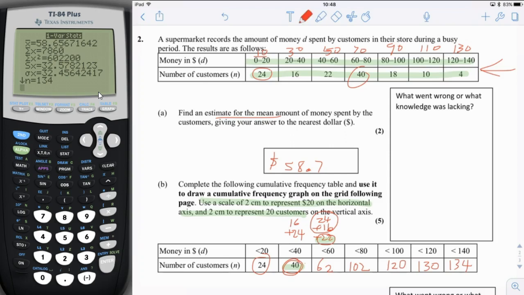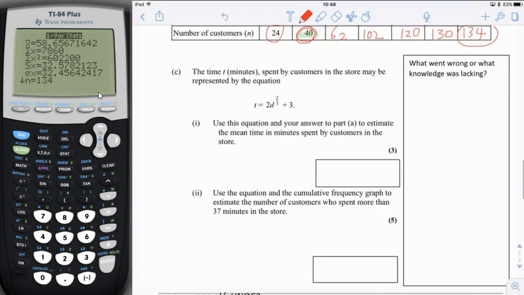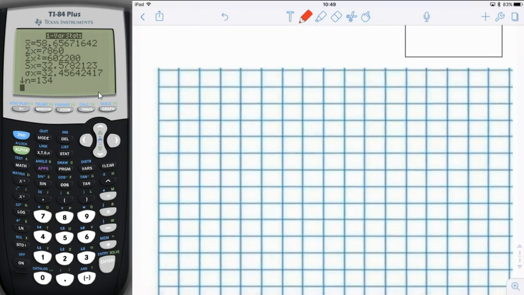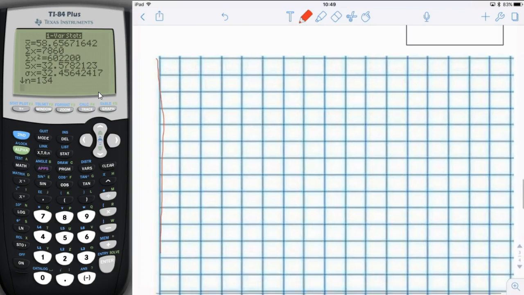So the maximum value for each one is easily found by looking at the last cell here. So $140 and 134 customers. So on the horizontal axis, we want $140, and on the vertical axis, 134 customers. So we're going to go here to the graph paper, and we'll assume each one of these squares is like 1 centimeter.